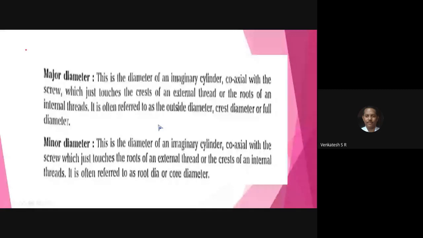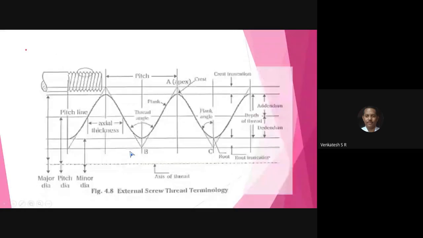Then, the terminology of screw threads. This is very important in the third module. The very first question is: explain briefly with a neat sketch the terminology of screw thread. All of you observe here.